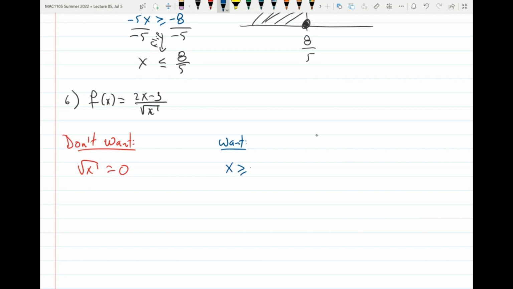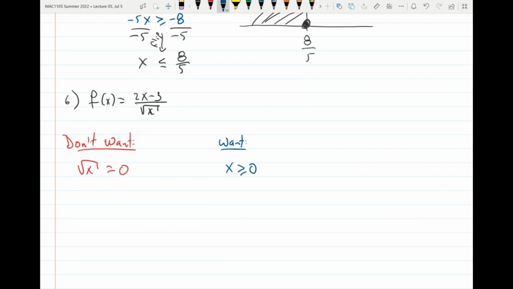I want x to be greater than or equal to 0. Then we're going to put these things together. This is from my don't-want list, coming from the fraction. This one is coming from the square root. Is there anything else that we should concern ourselves with in this expression? No, right? Anything else is fine.